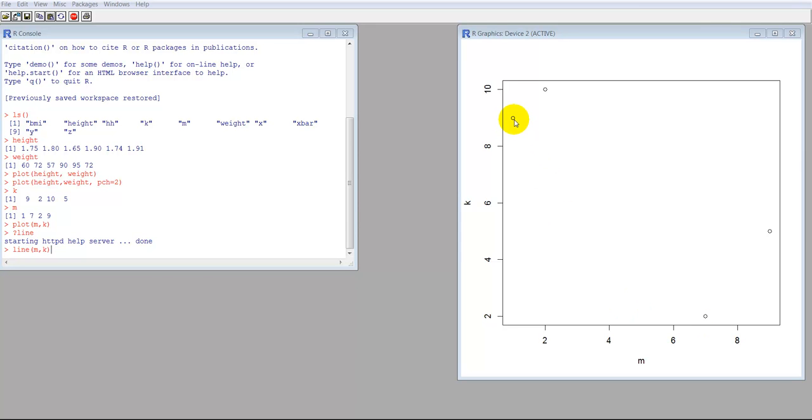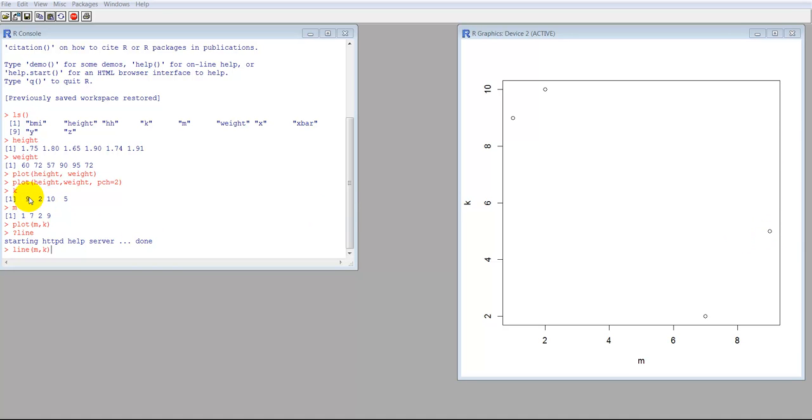This point has an x-coordinate of 1, and the next biggest is maybe 2, then 7, then 9. So you might think it's going to do it that way, but that's not the way it does it.